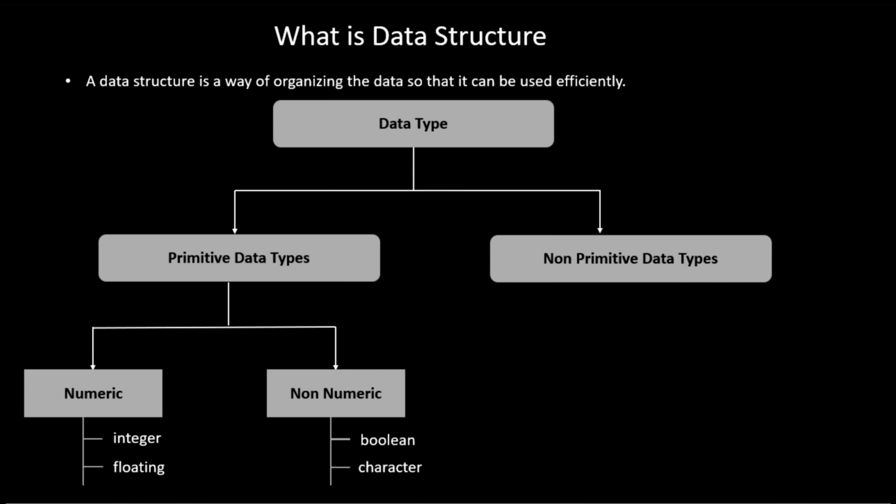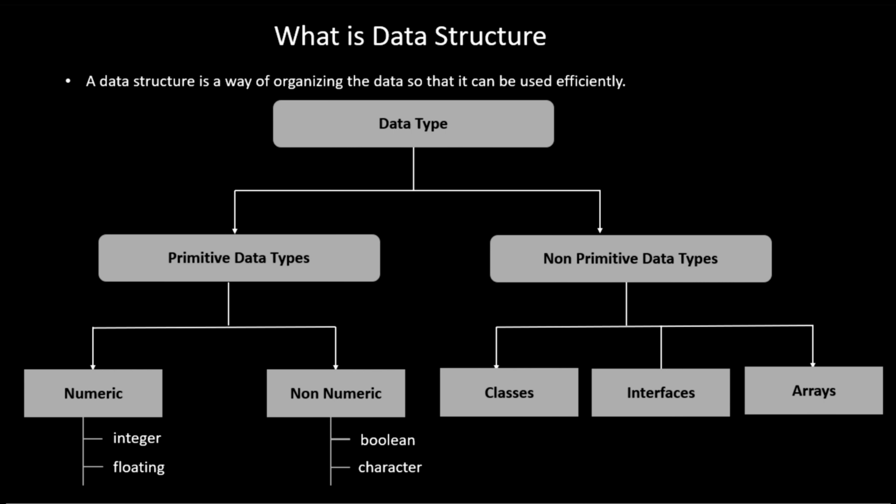What are non-primitive data types? Non-primitive data types are defined in three different ways: classes, interfaces, and arrays. Non-primitive data is mainly used to store complex data. Classes or interfaces can again be divided into predefined and user defined.